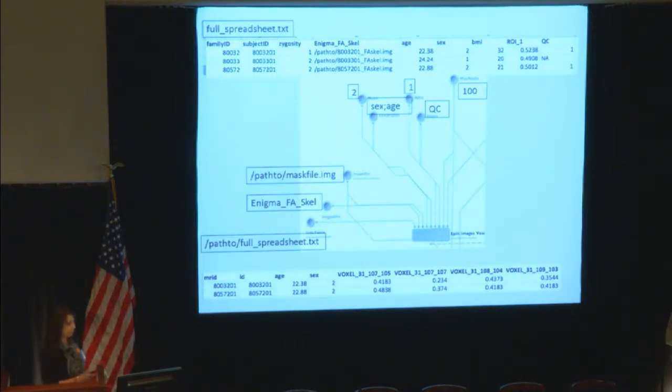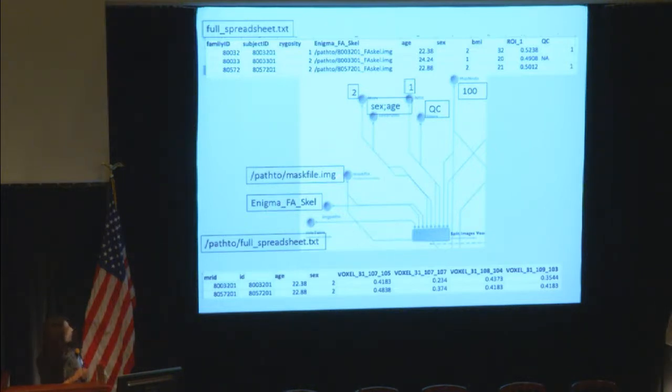This is pretty much what I just explained with some examples. You can put a spreadsheet in here which has all the paths to the nifty or analyze files that you want to look at, and the skeletonized image, which can serve as your mask. We have created one for the Enigma consortium, and that could also be your mask.